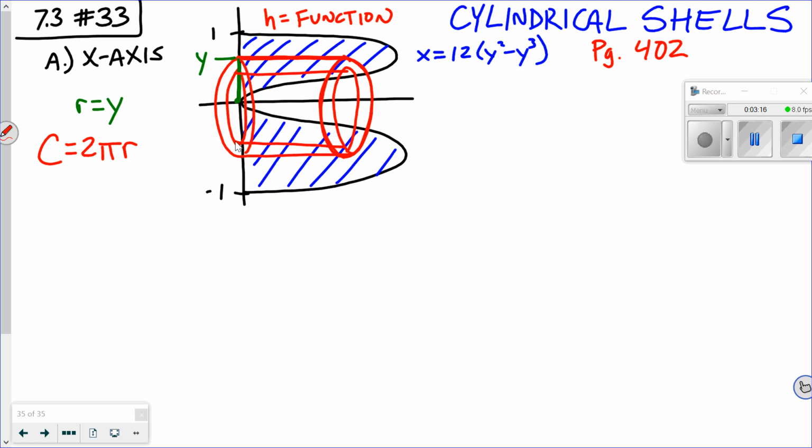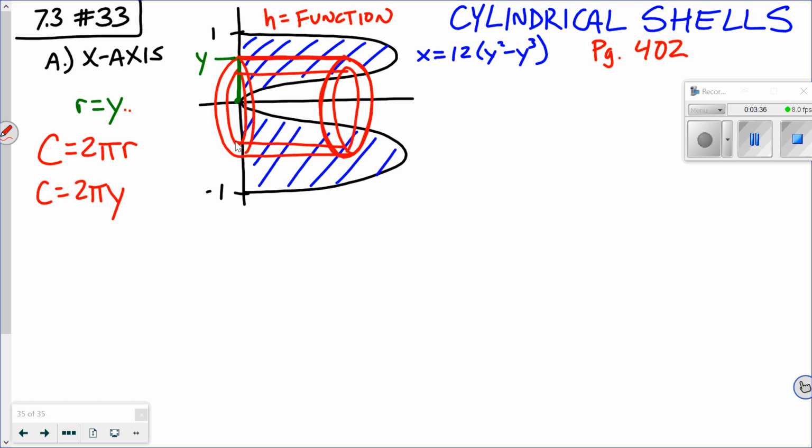So the circumference will be equal to 2 pi r, and r is equal to y, so 2 pi y is my circumference. Then my total outer surface area would be equal to my circumference times my height.